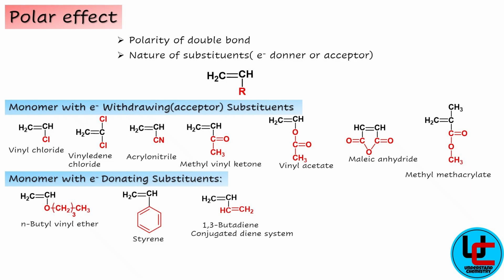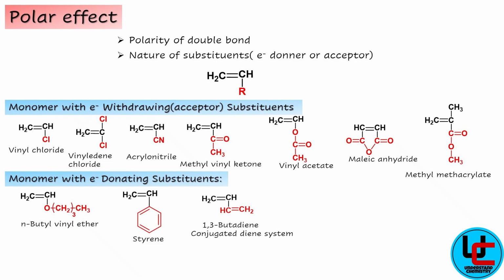So the polar effect helps explain selectivity in copolymerization. A radical with an electron-donating group will favor monomers with electron-withdrawing substituents, and vice versa. Together, these three effects, resonance, steric, and polar, give us a complete picture of monomer activity in radical polymerization.